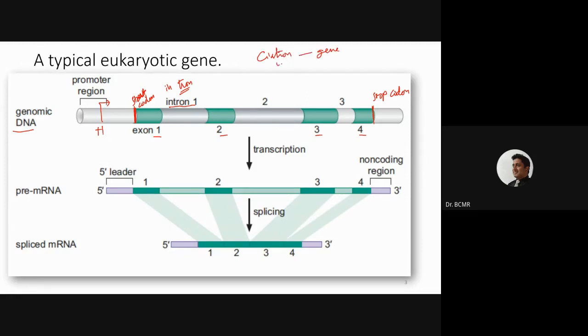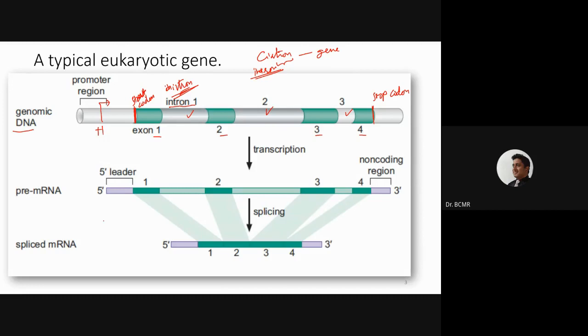So they have taken this part, and because they are intervening or interrupting the cistron, they call it intron. So you have intron 1, intron 2, and intron 3. That is at the level of DNA.